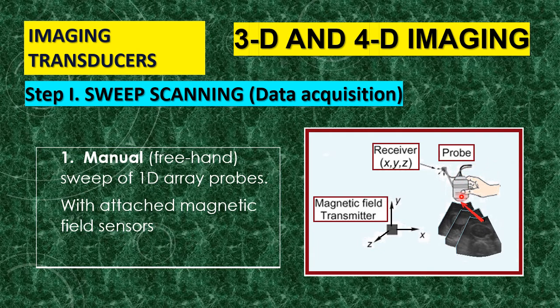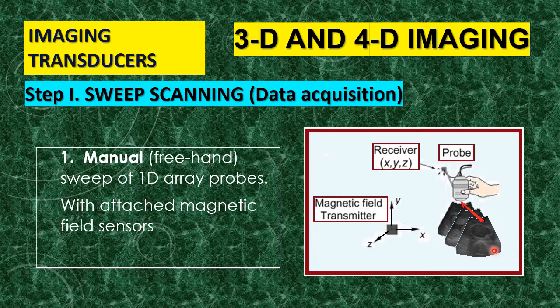Wherever you move the probe, the receiver will sense where the probe is and label each frame, saying this frame should be at this location, like the GPS telling you where you are all over the planet. So this is the same.